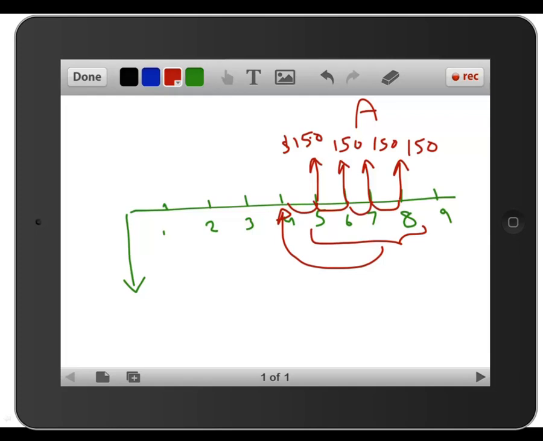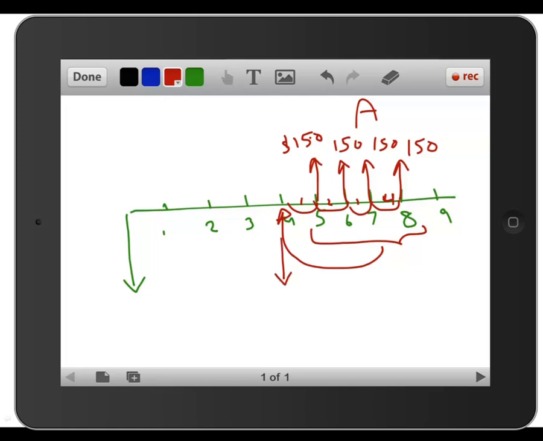Since I have 4 periods, then I will use n equal to 4 in this case. Now let's recalculate.